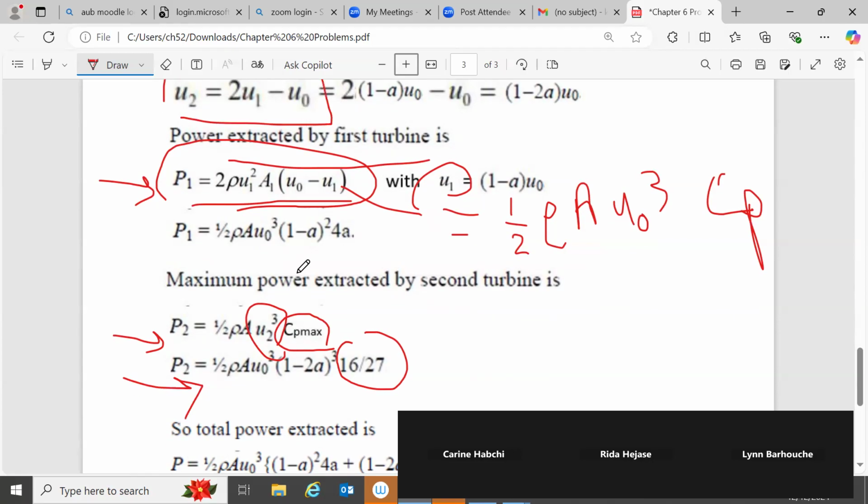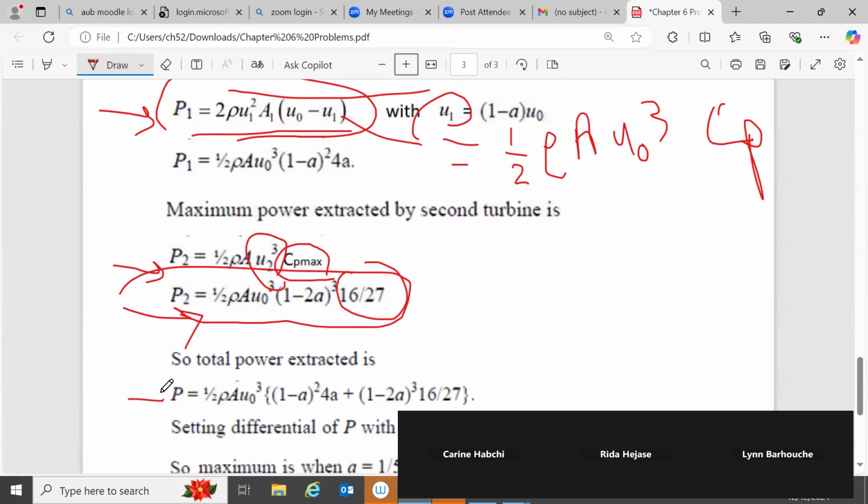So P2, extracted by the second turbine, is half rho A U0 cube times (1 minus 2A) cube times 16 over 27. Now we can calculate the total power. If we have two turbines, we add their powers. The total power extracted, P1 plus P2, is equal to half rho A U0 cube times an expression as a function of A.